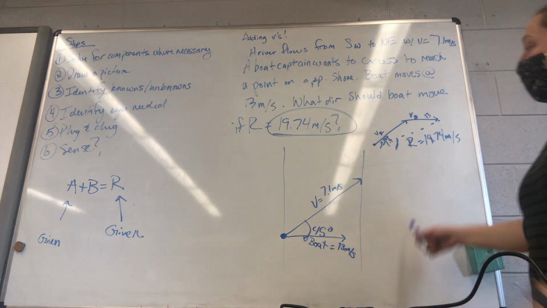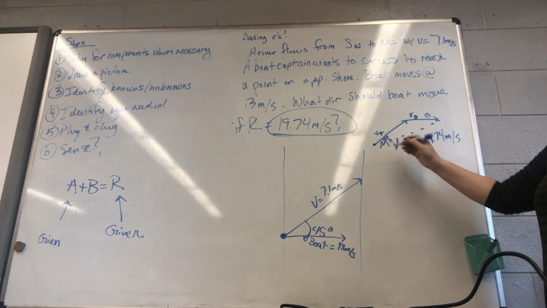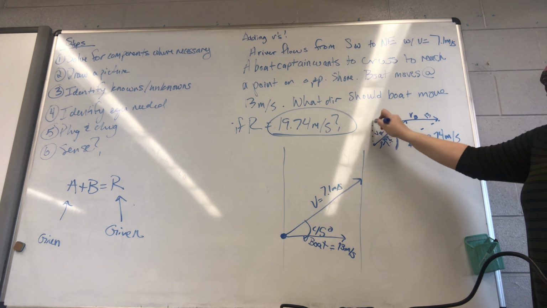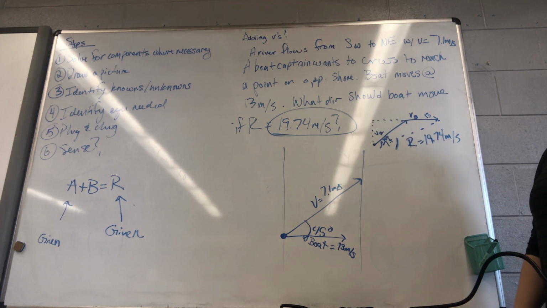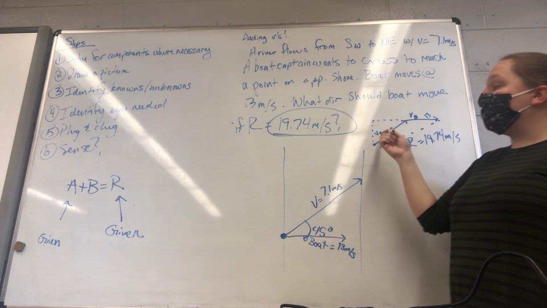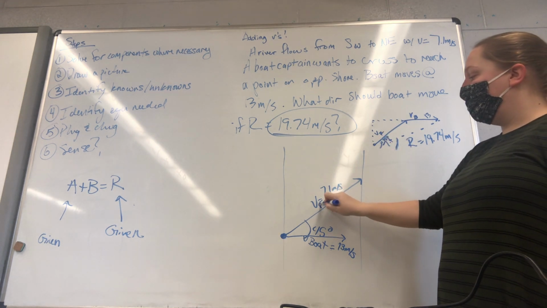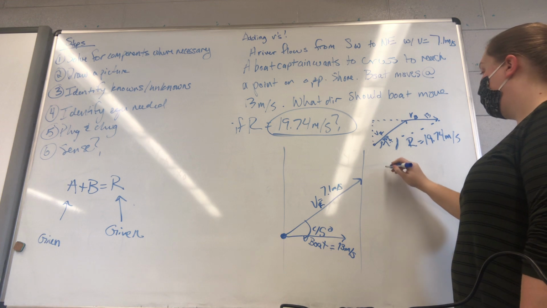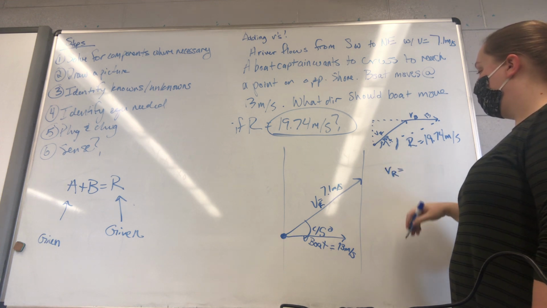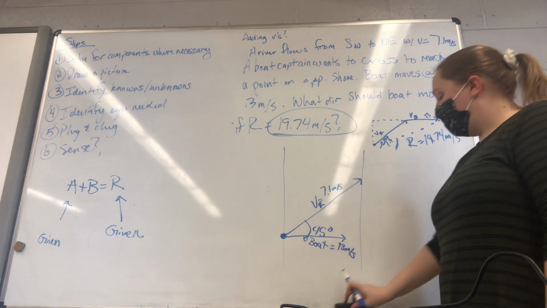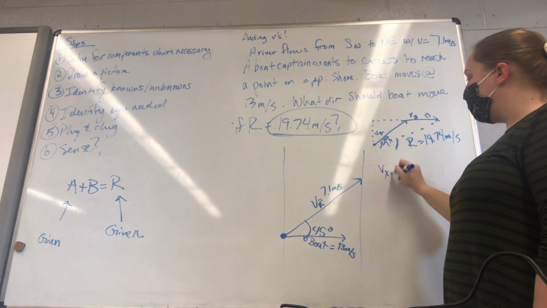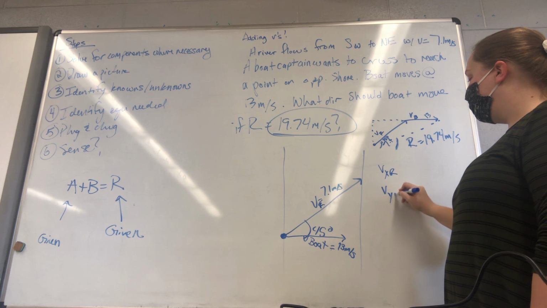So if I want to know this value, I need to know the x and y components of everything involved, right? So how do I get the x and y components of V river? We're going to do V_xR and V_yR.